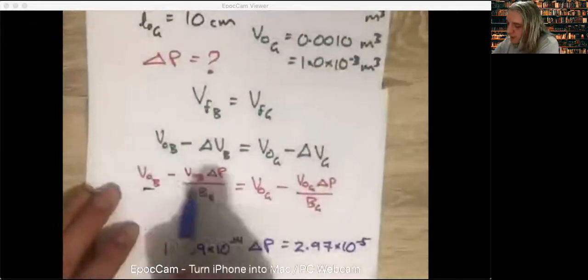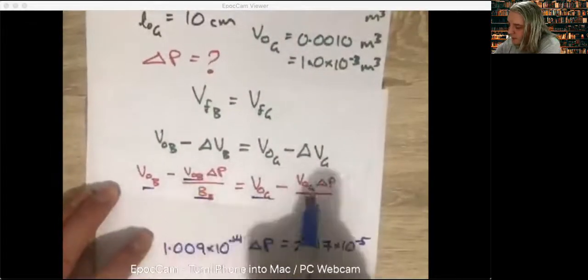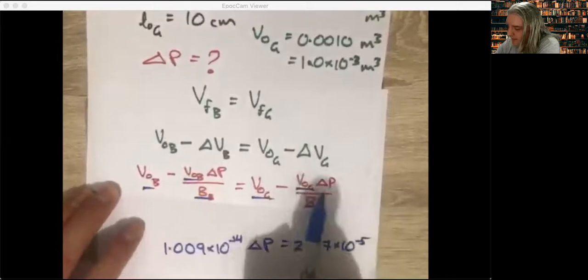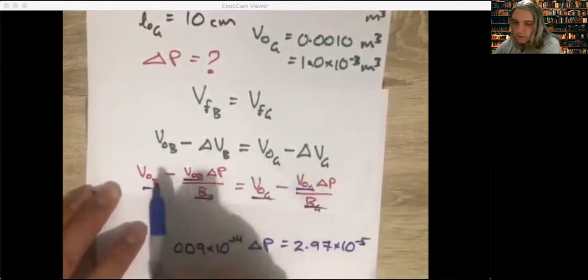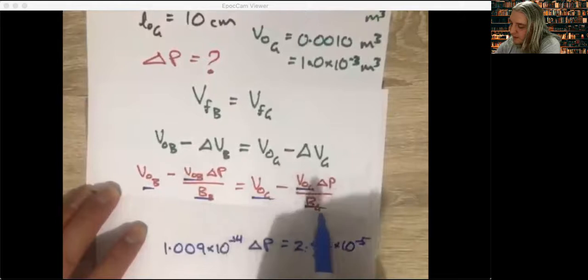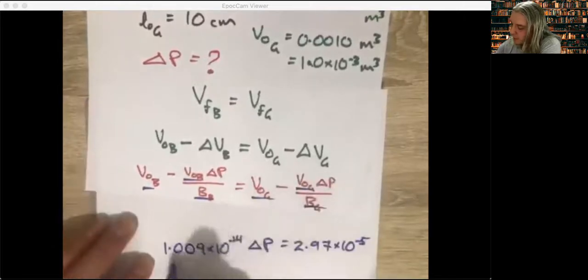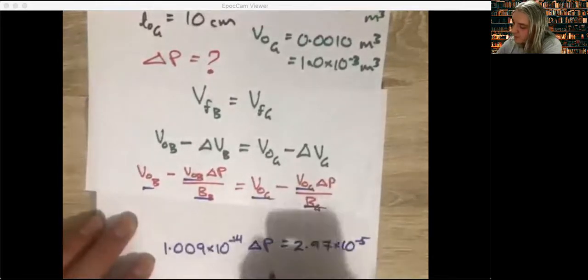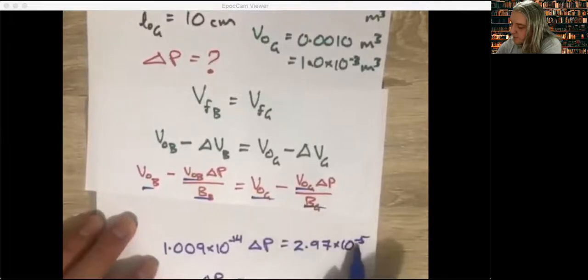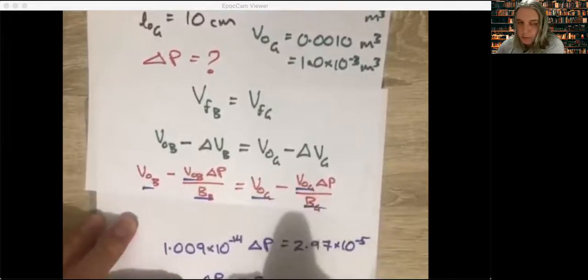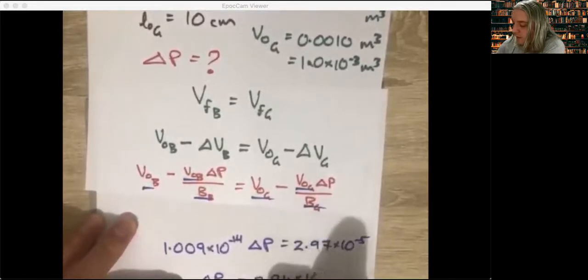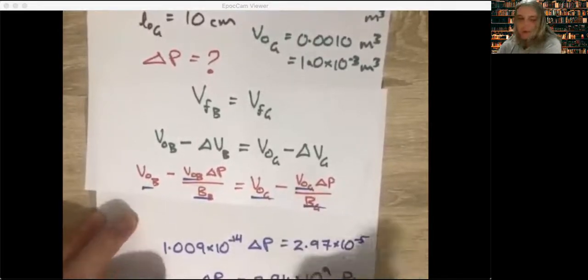We know all those values, and then I moved the two delta P terms to the same side and the two original volumes to the same side. That means our delta P is just going to be 2.97 times 10 to the minus 5 divided by 1.009 times 10 to the minus 14. And that comes out to be 2.94 times 10 to the 9 Pascal.